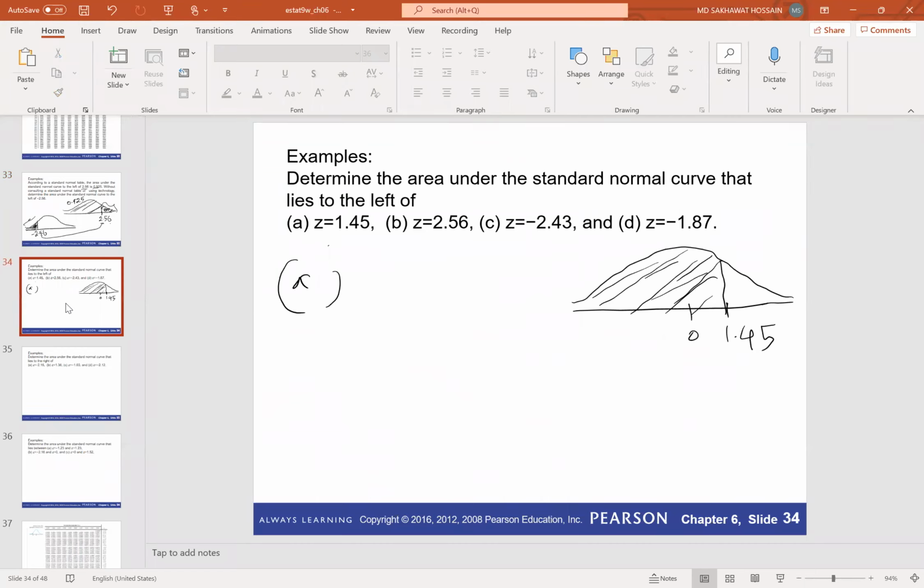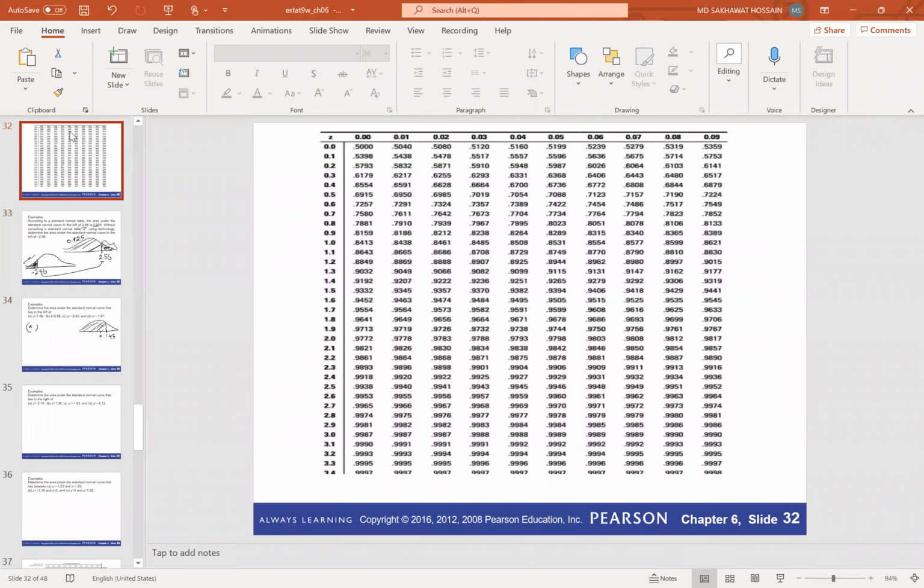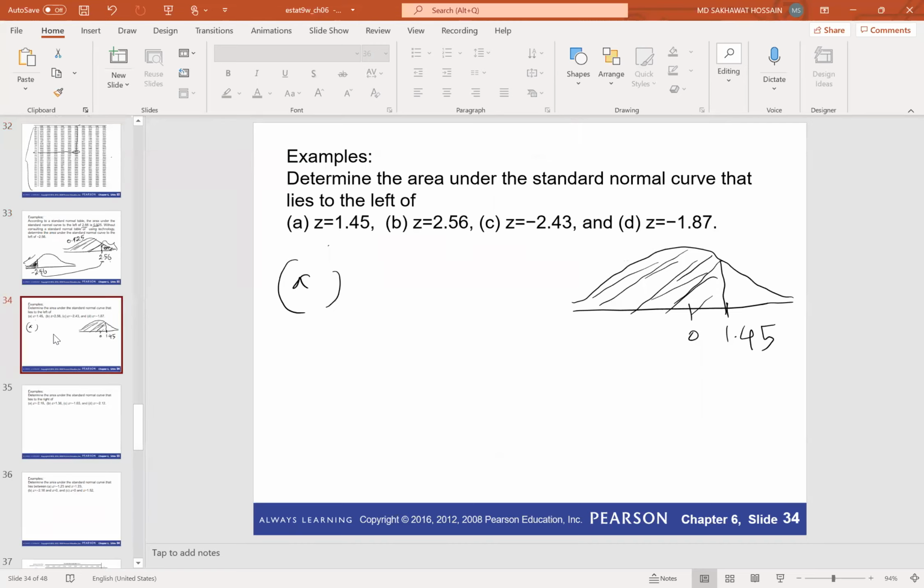We need to find this area. So we look at the z-score, not the probability. 1.4 is this one, and the second digit is 5. So that means this one. So the area is 0.9265. So the area to the left of this number is 0.9265. Yes, that's correct. That's great. Thank you.